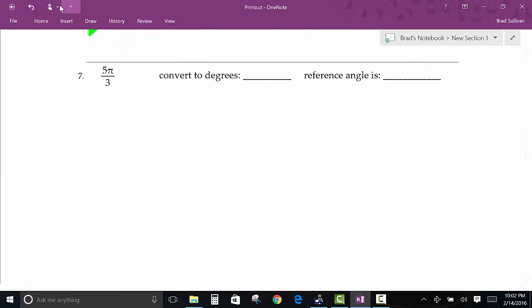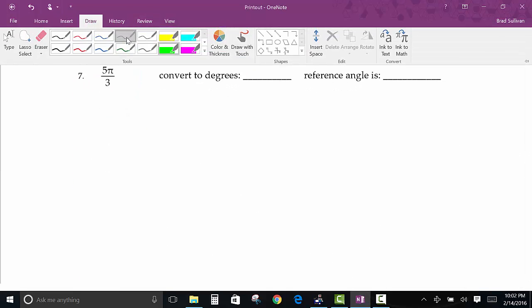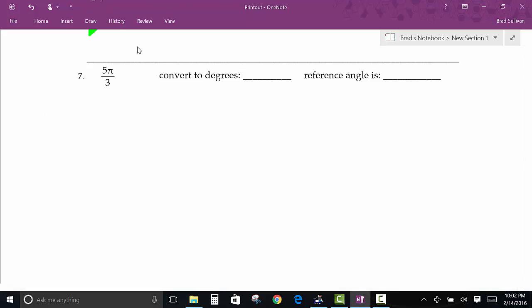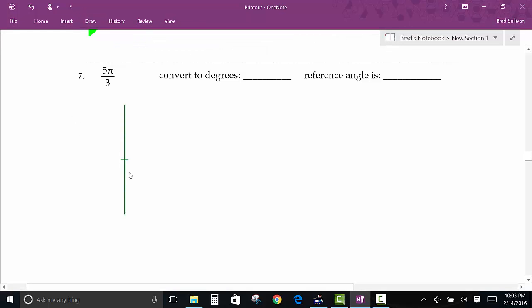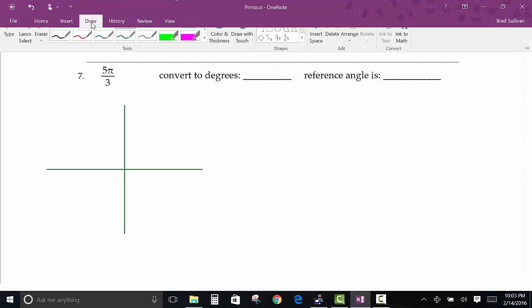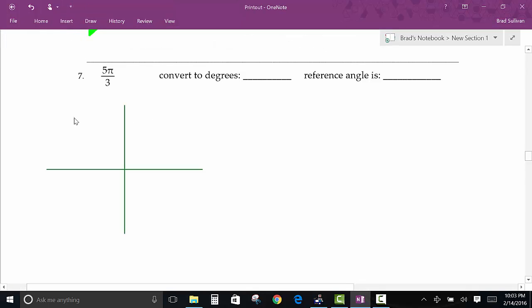Let's look at one more, to try to cover every situation and every quadrant. Let's draw a coordinate system so we can get a good understanding of where it falls. Then we want to convert this. We have 5 pi over 3, which is equal to 5 times 180 over 3.